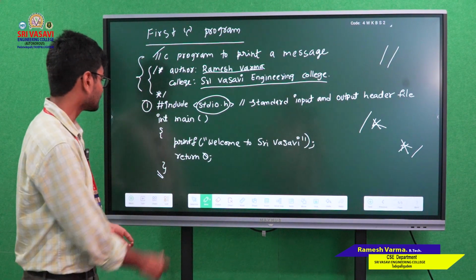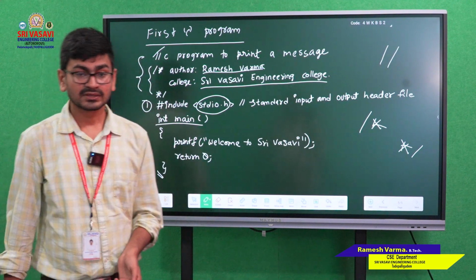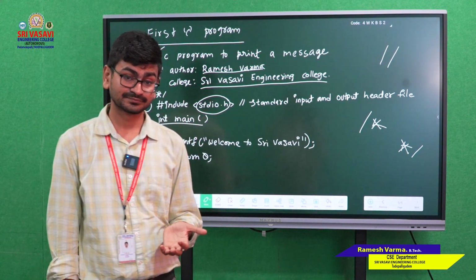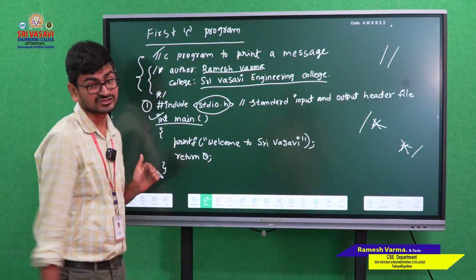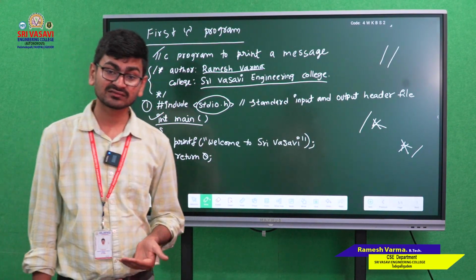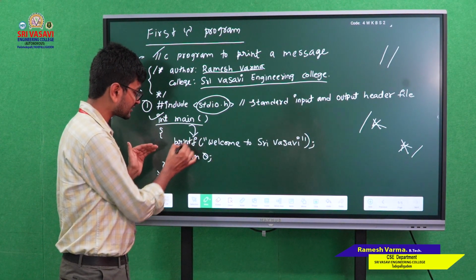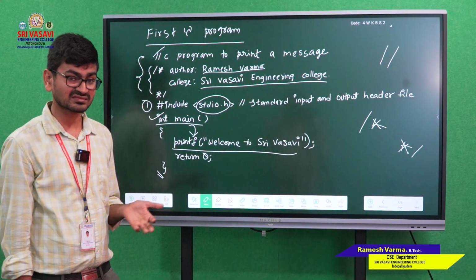So this is one function, int main. When our program is executed, the compiler will call the main function. The compiler will start the execution from the main function, and in the main function we are writing one message with printf. This printf is the output function, as I said earlier.